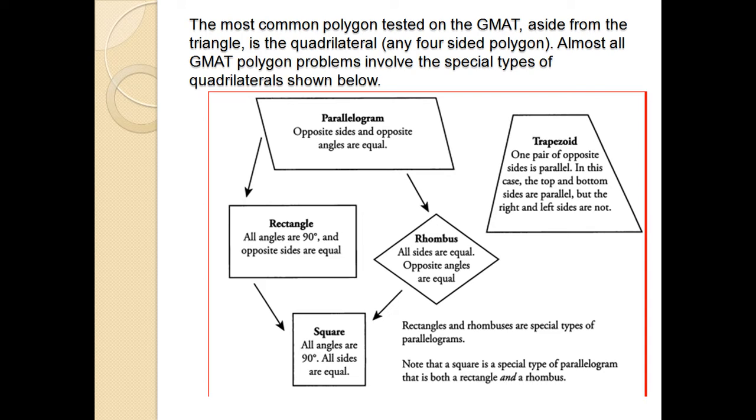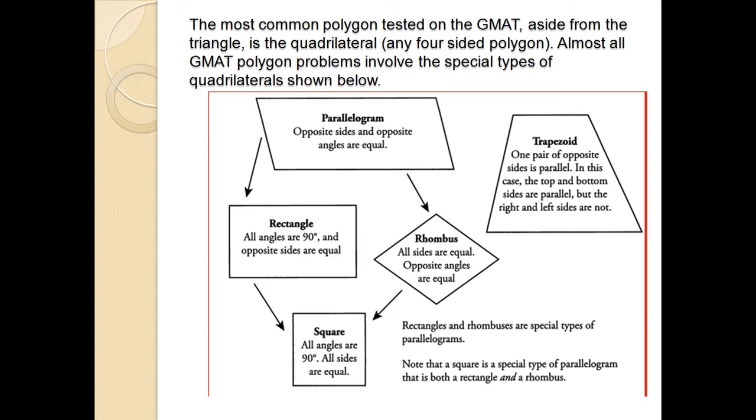First we will discuss the parallelogram. A parallelogram is a special type of quadrilateral in which the opposite sides are equal and parallel to each other, as we can see in the figure.